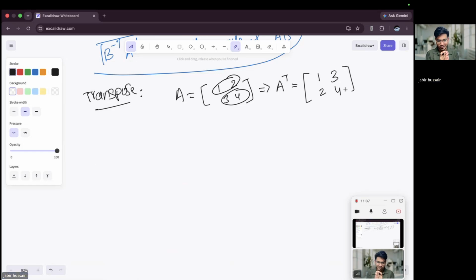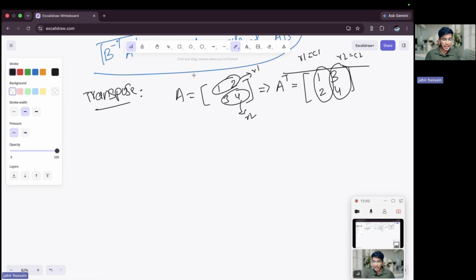The definition of transpose is that you're interchanging rows into columns and columns into rows. So this is my row 1, this is my row 2. Now the row 1 will become column 1, the row 2 will become column 2. This is the simple definition of a transpose. Now, how can I represent this mathematically?